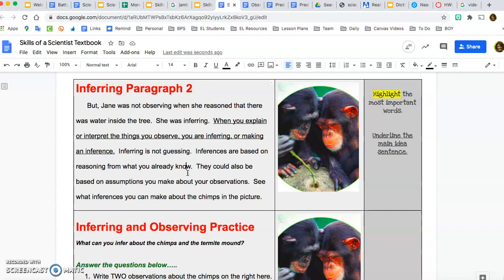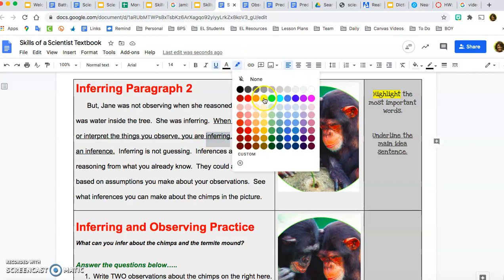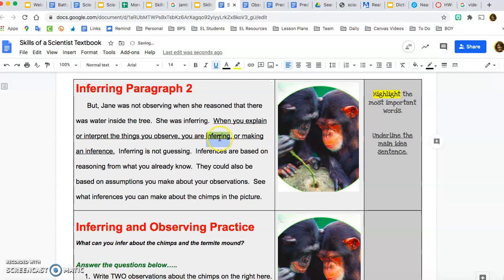So when we highlight things, we probably want to highlight the word inferring or inference, and then maybe some other words that talk about what it means, okay? So inferring, it says it's when you explain or interpret the things you observe.